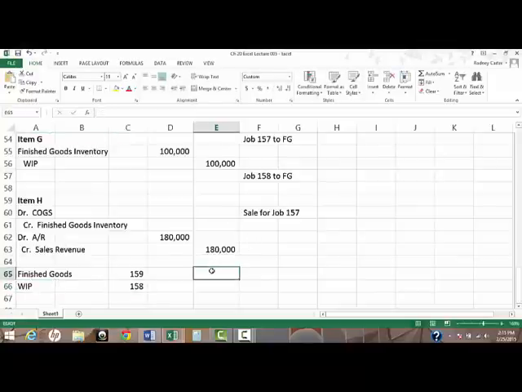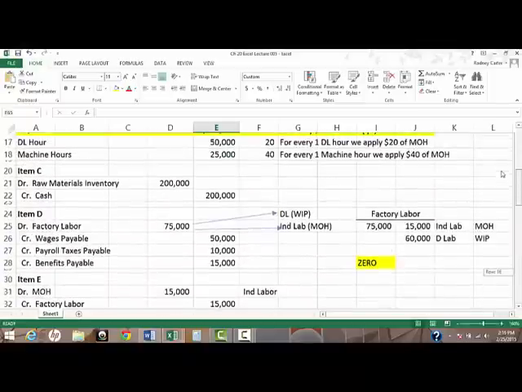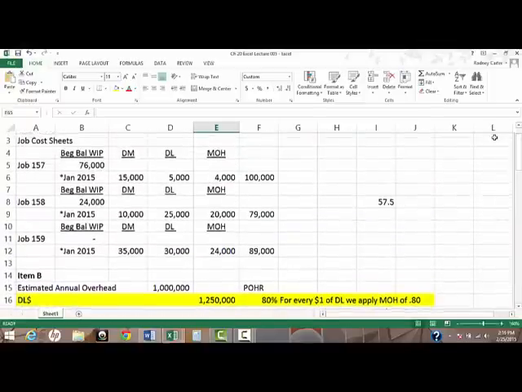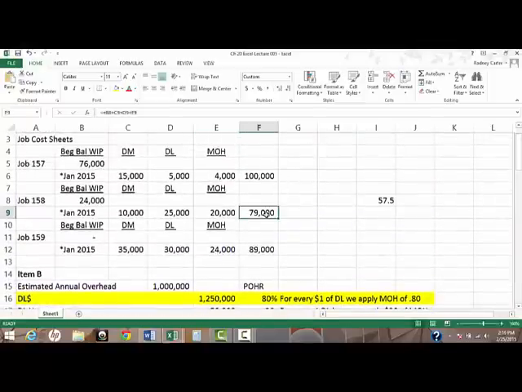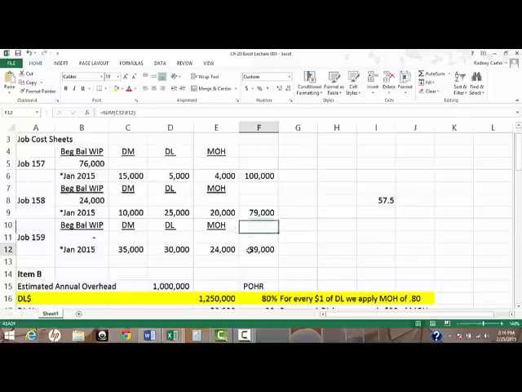You need to bring down from the job cost sheets, job 158 represents the WIP balance because it is not a completed job, and this $89,000 represents the amount in finished goods because job 159 is finished and it's not yet sold.